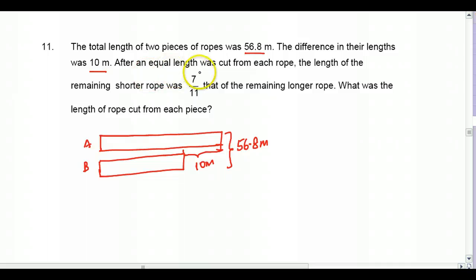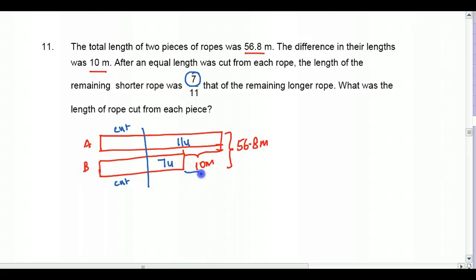After an equal length was cut from each rope, so this is the two ropes, rope A, rope B, I cut an equal length. This one is cut. The length of the remaining shorter rope, this is the shorter rope, is 7 units, 7/11 of the longer rope, so this is 11 units.